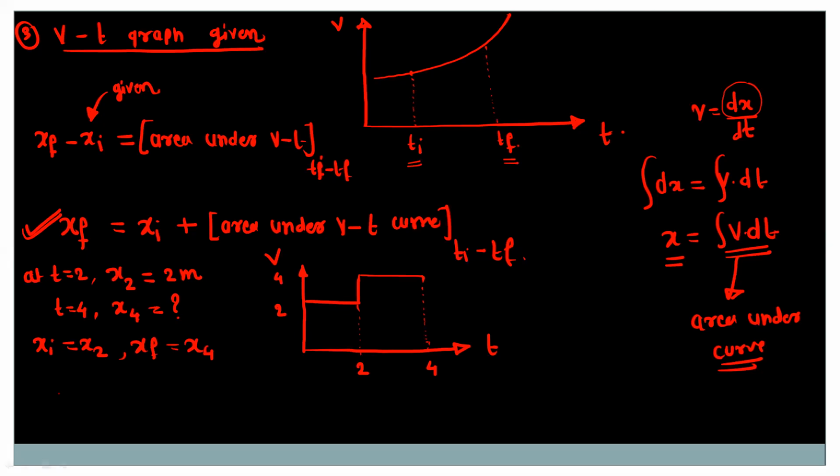So we can write this formula as x4 is equal to x2 plus the area under the velocity time graph between the time 2 to 4 seconds. Okay, so we know the x2 value, it is given 2 meter, plus the area under the vt graph from 2 to 4. So this area will be this complete area.